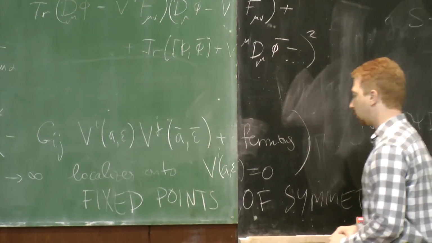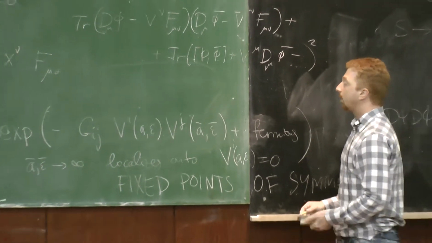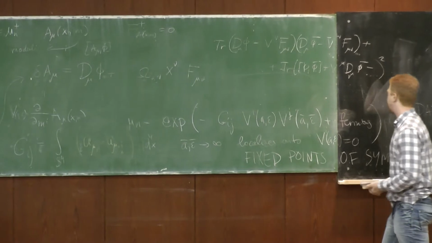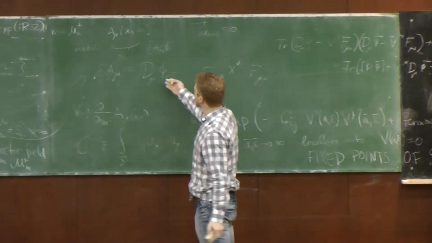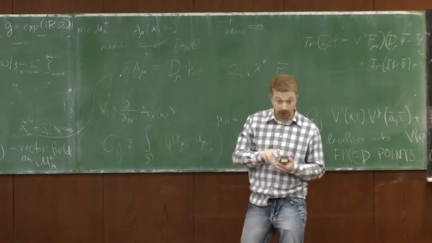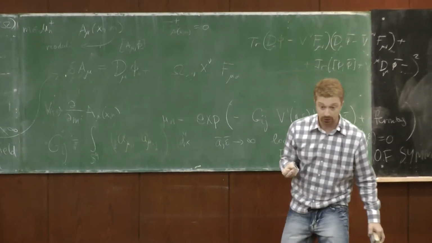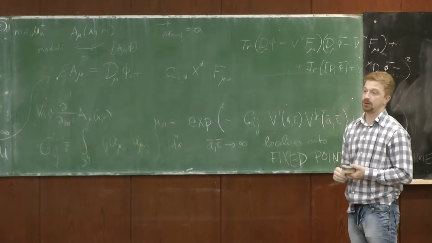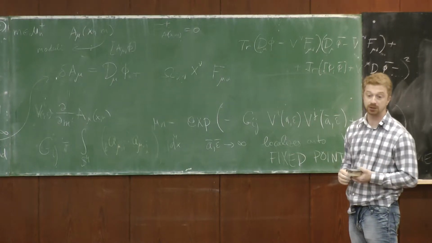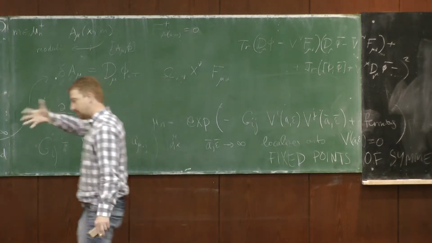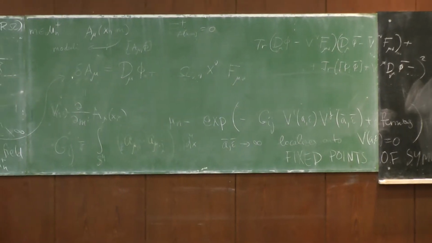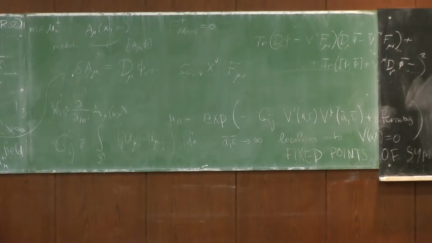Okay, so now we need to talk about the fixed points. Well, the bad news is, what are these fixed points? First of all, these are the instantons which are invariant under global gauge transformations, which means that these are the zero-size instantons, because whenever you have a non-zero size, there is a notion of the gauge orientation at infinity, and that's not invariant under gauge transformations.